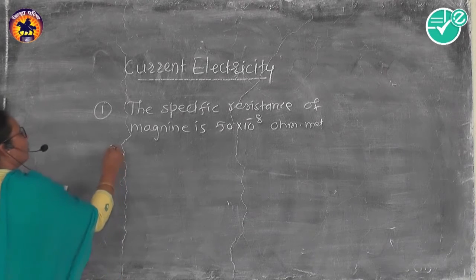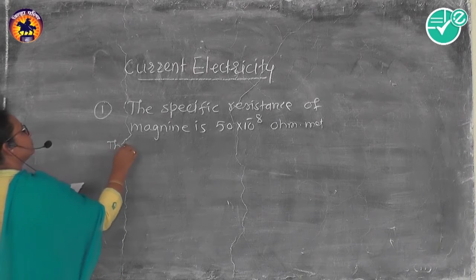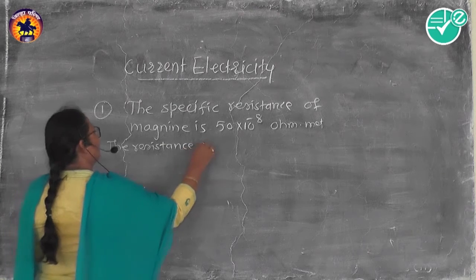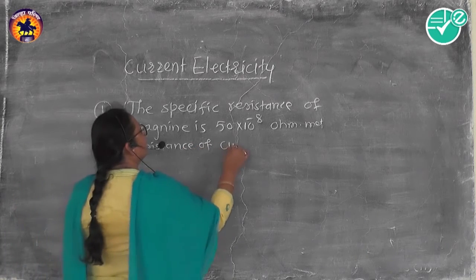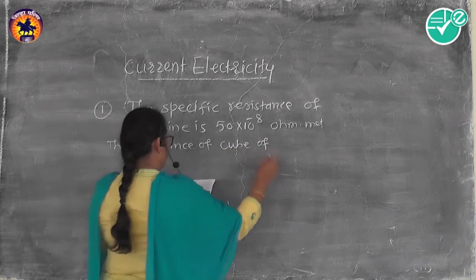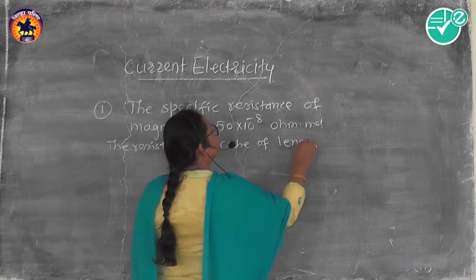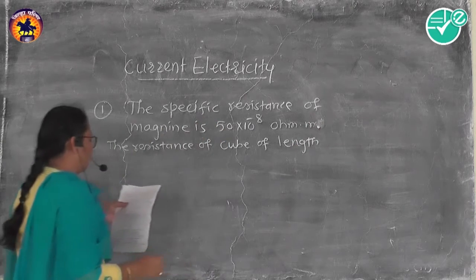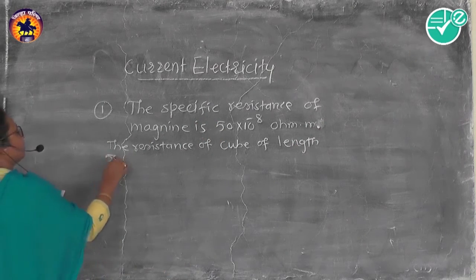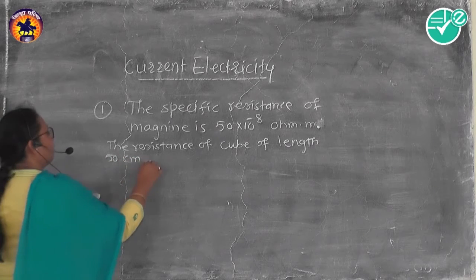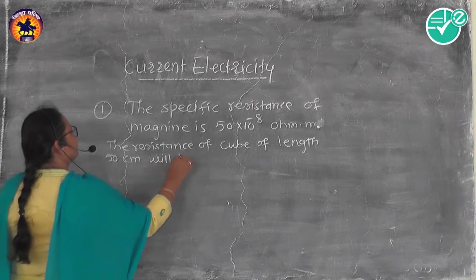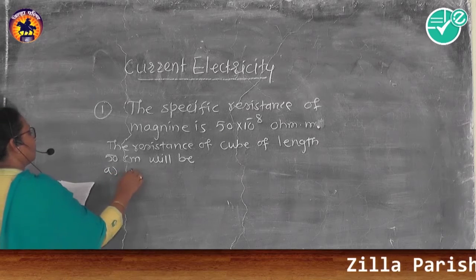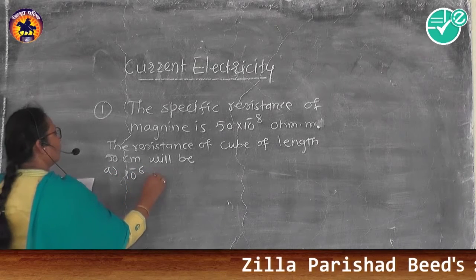The resistance of cube of length 50 centimeter will be, and first option A is equal to 10 to the power minus 6 ohm.